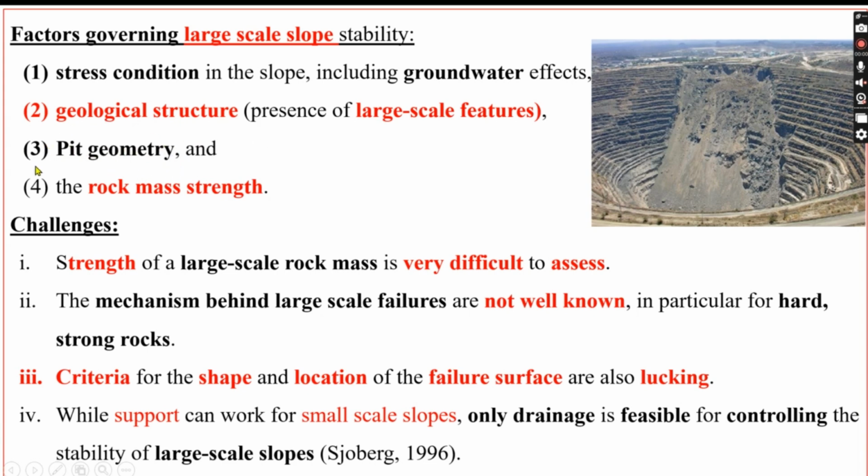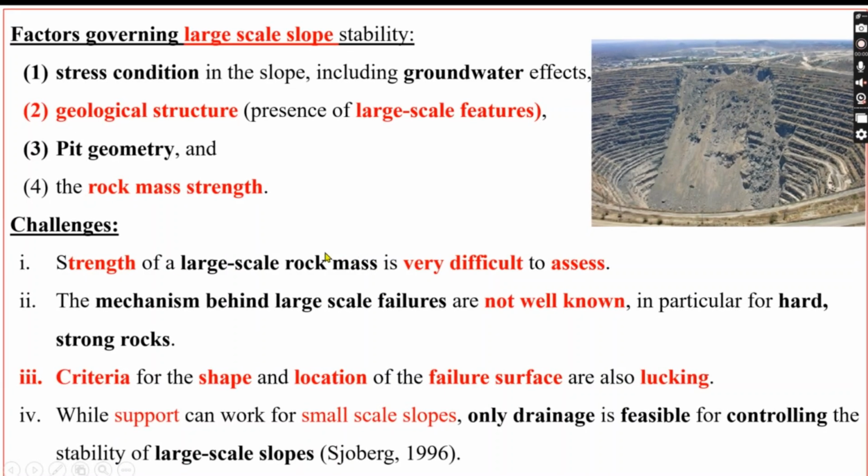The groundwater effect can be determined based on the hydrogeological condition of the site, and the geological structures, particularly the presence of large-scale features, could also be determined based on geological mapping, and pit geometry can be optimized for safety. The challenge with large-scale slope stability is related to rock mass strength determination, which is very difficult.